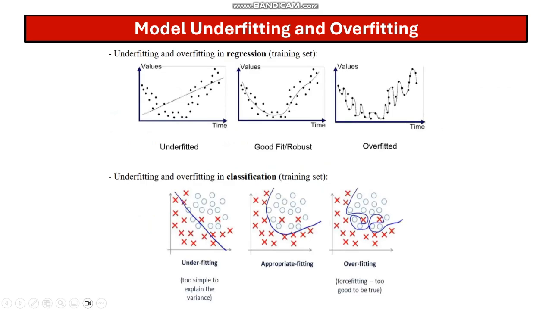So these are other representations of underfitting, good fitting, and overfitting in terms of regression. And these are in terms of classification. You have binary classification problems, so you have two classes, the crosses and the circles. You can see that it's a straight line. It doesn't have any idea about what's going on in the data set.